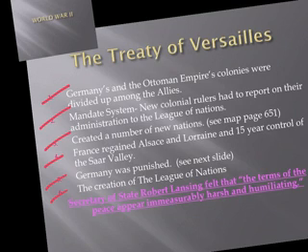So we're going to look at this as, in particular, Germany and their colonies being divided up, also the new nations that were created. So we'll look at this next slide, and it should become a little bit more clear.